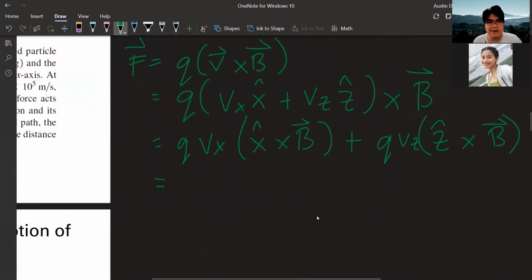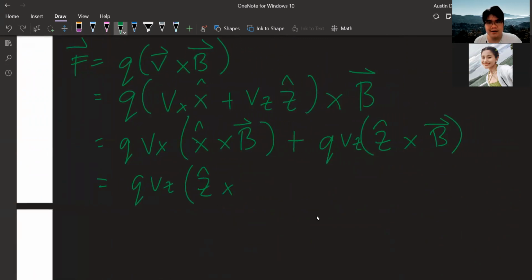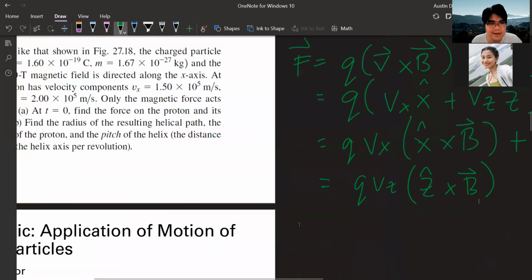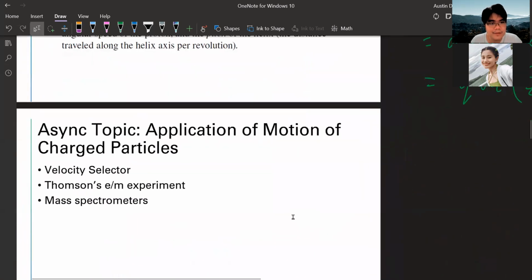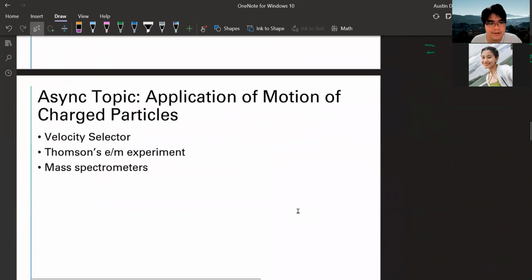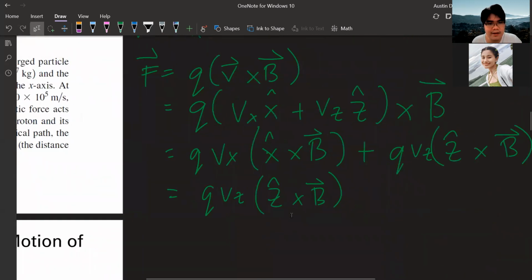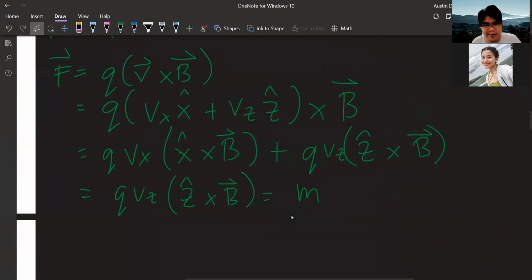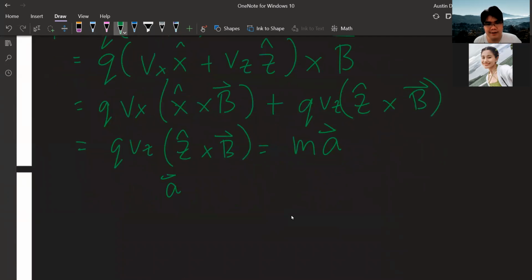Okay, and then you get your Q Vz z hat cross B. Okay, so that's the force. And this is just equal to ma. Okay, and then a has to be equal to Q Vz z hat cross B over m.